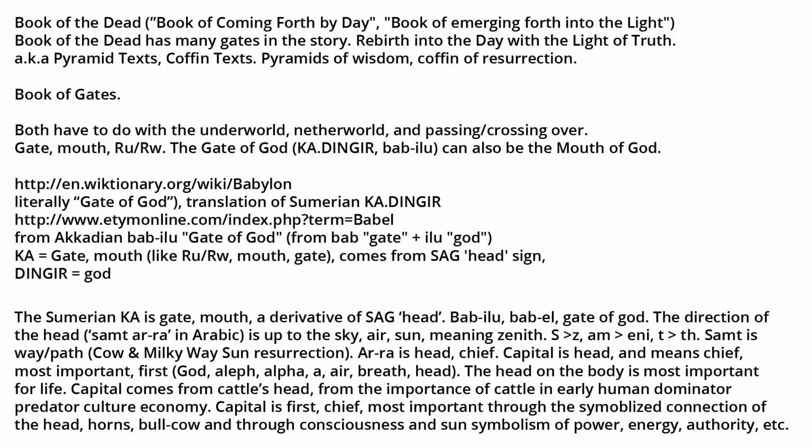So we have the gate. The gate is the mouth. The Ru, the RW in Egypt, RW is Ru. That's the mouth, the gate. The gate of God is Ka Dingir, Bab Ilu.